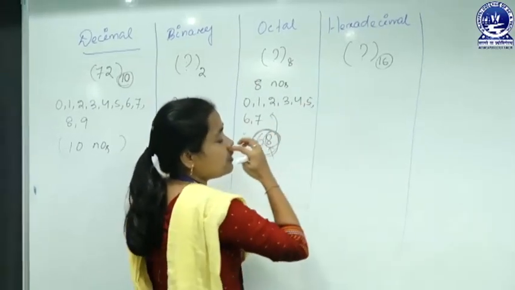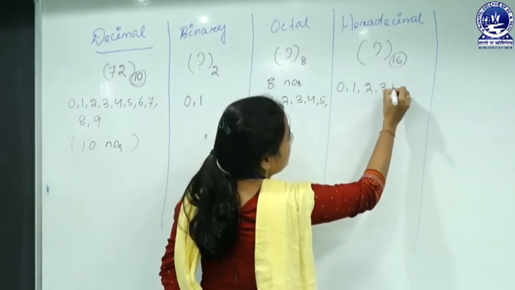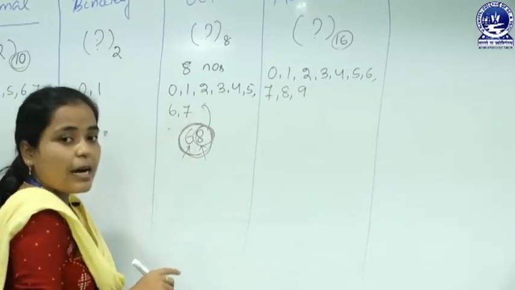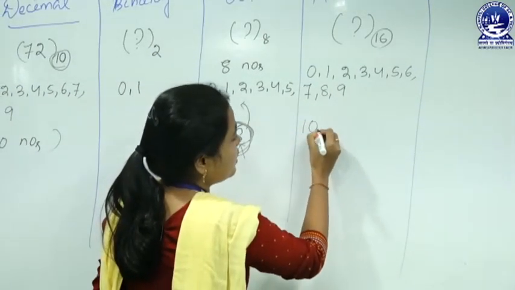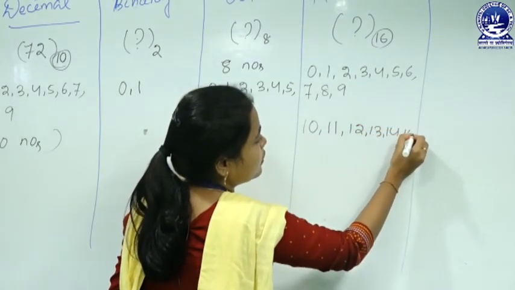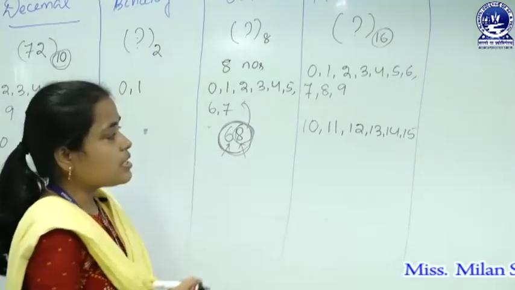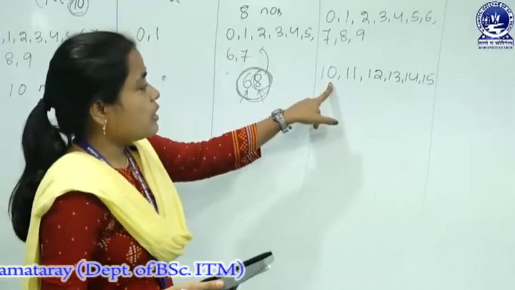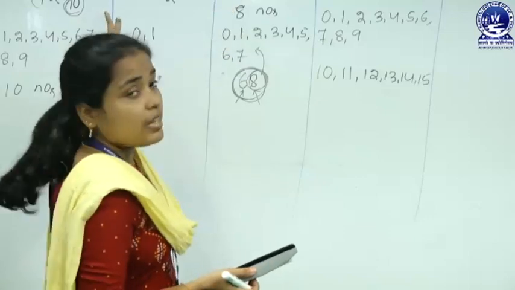So, what will be the values? The values range from 0 to 15. So, 0, 1, 2, 3, 4, 5, 6, 7, 8, 9, and after 9 the representation changes. In general form we write 10, 11, 12, 13, 14 and 15. But in hexadecimal form we cannot write like this, because if we write 10, 11, 12, 13, 14, 15, then some user may imagine that this number is an octal number or a decimal number.